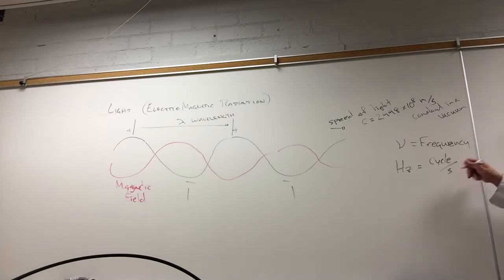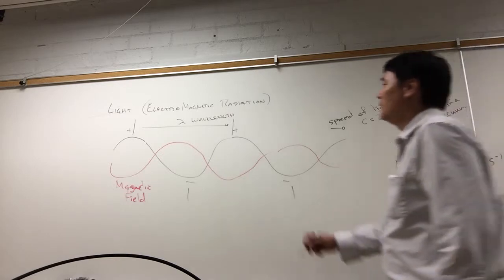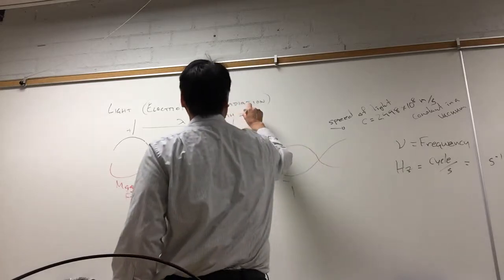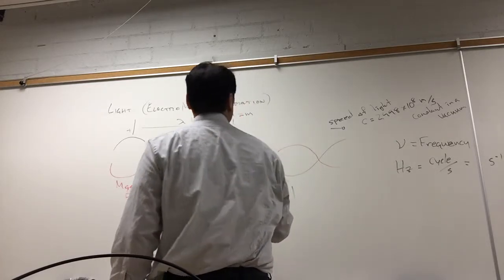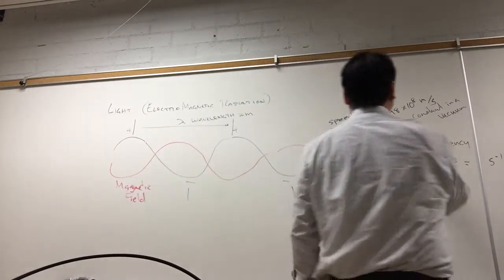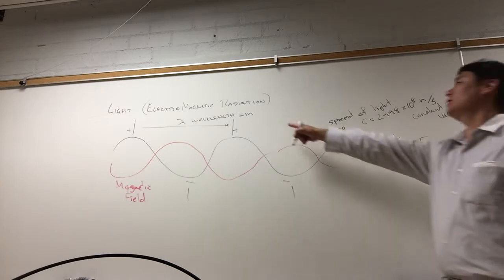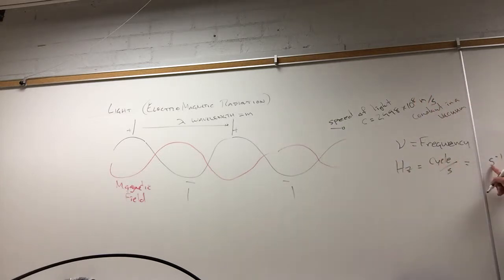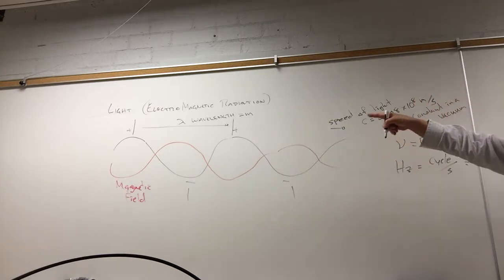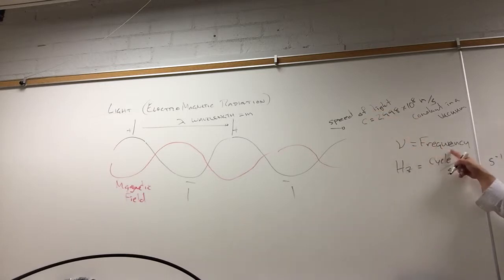A lot of people leave off cycle and just call it seconds to the -1. The wavelength typically is in meters, and the speed of light is in meters per second. And so we can come up with a relationship. If we take meters times the frequency, we should get meters per second, or c.